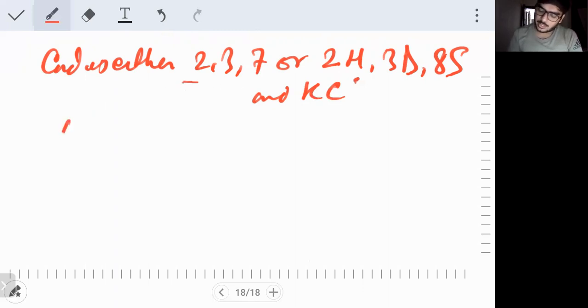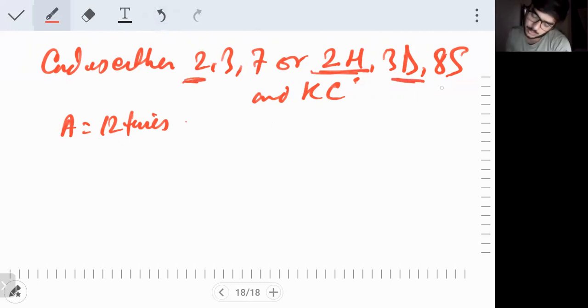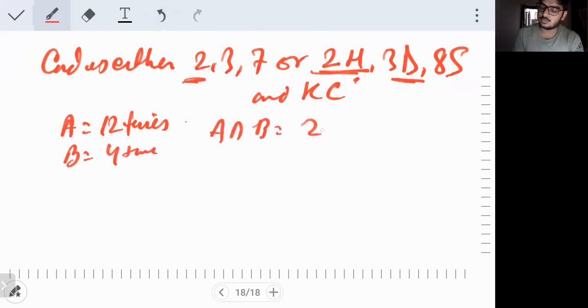In the first case, A was equal to 12 cases. And since 2 of them have been included, the 2 of heart and the 3 of diamond, 2 are left. So B occurs 4 times, and A intersection B is 2.